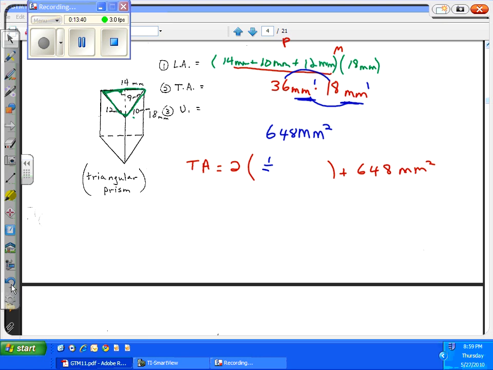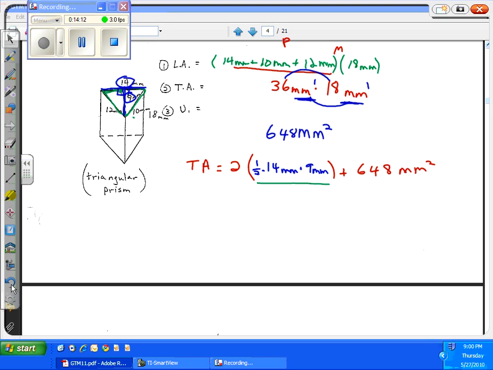The bottom is a triangle. The area of a triangle is 1/2 times base times height. The base of that triangle is that side we knew, 14, that had a height drawn to it. So we're going to have base 14 and height 9. So 1/2 times the base, 14 millimeters, times the height, 9 millimeters.